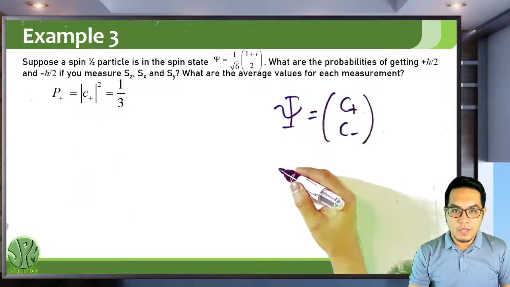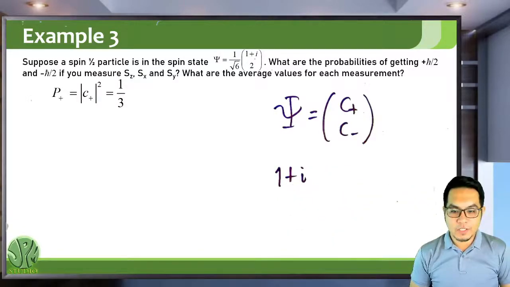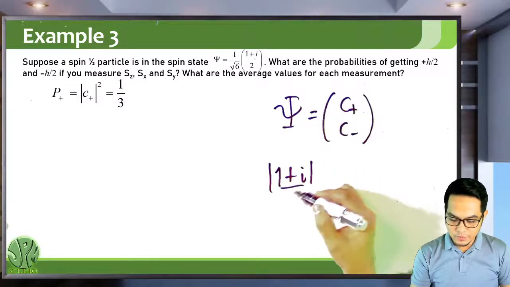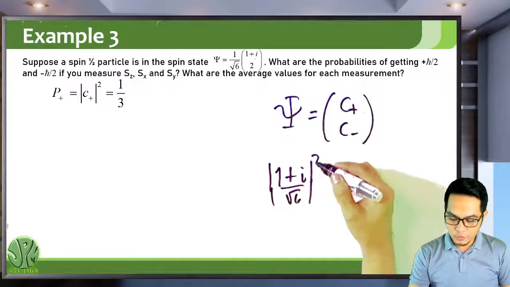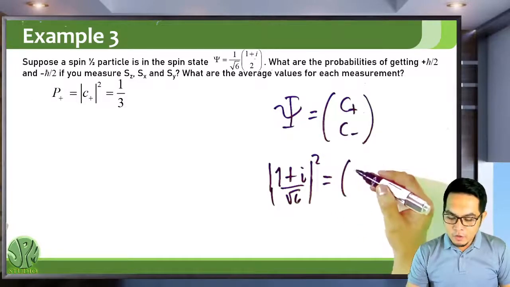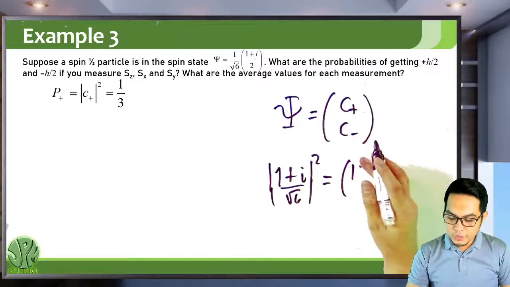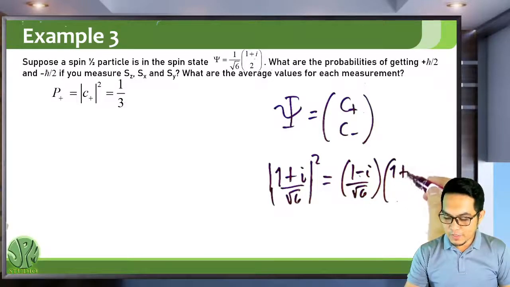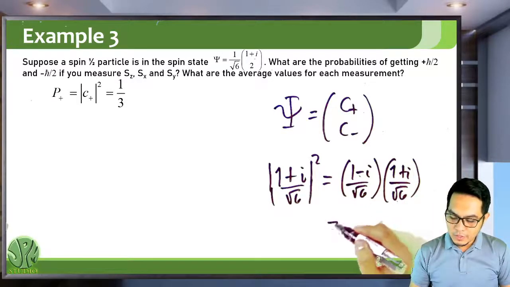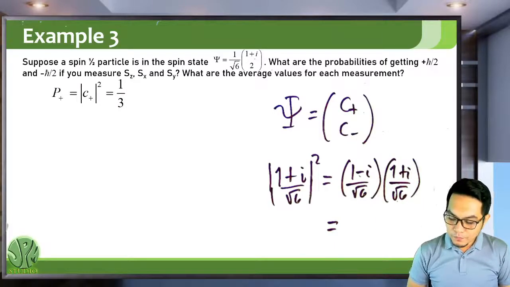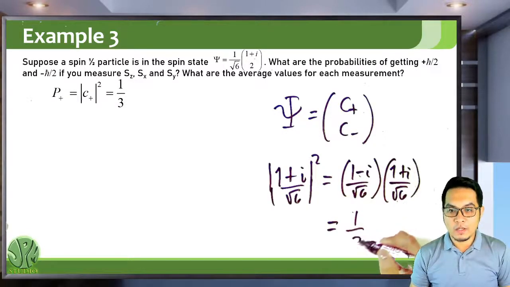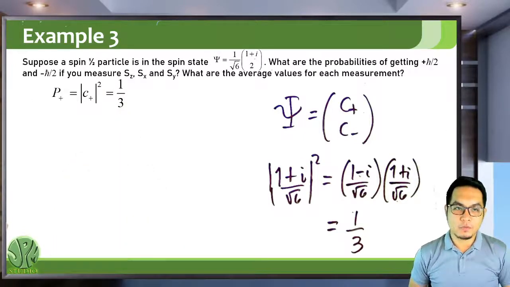So you will multiply its conjugate, (1 minus i) over square root of 6, times itself, (1 plus i) over square root of 6. And you will get 1 plus 1, since i squared is negative 1, so 2 over 6, or 1/3. So that is the result here, 1/3.